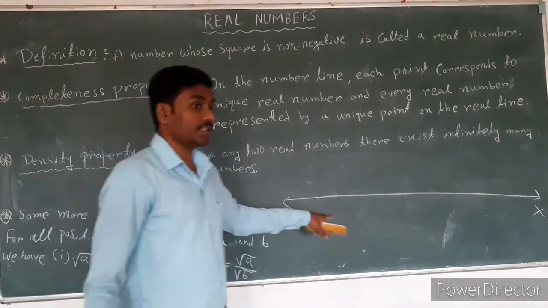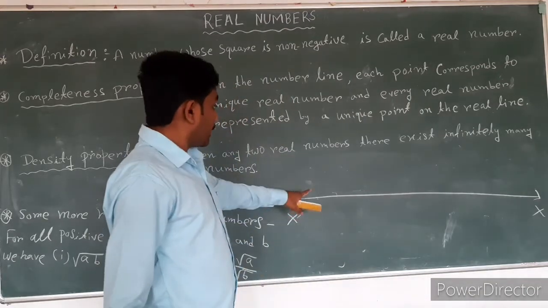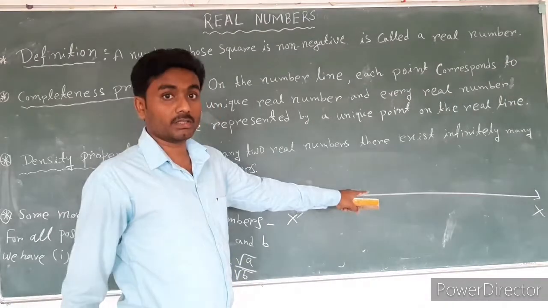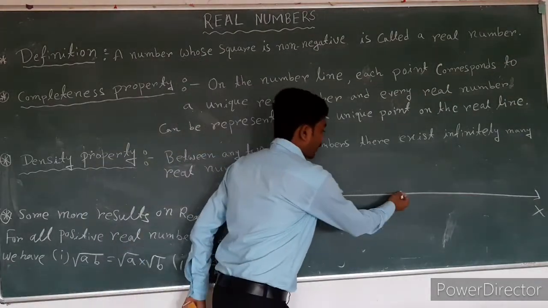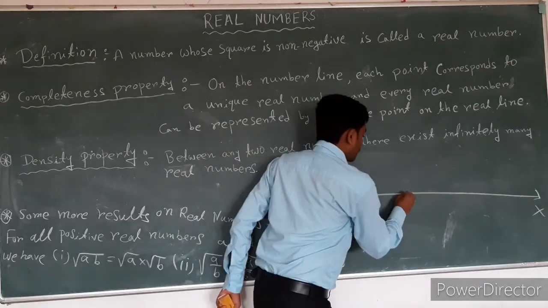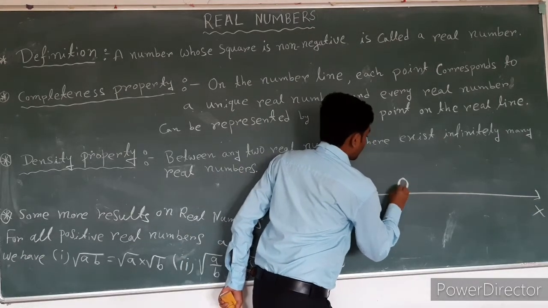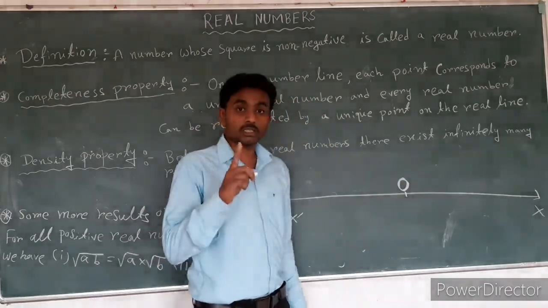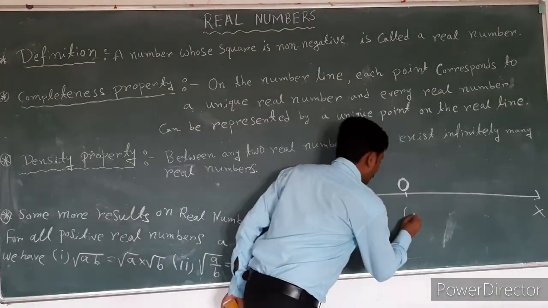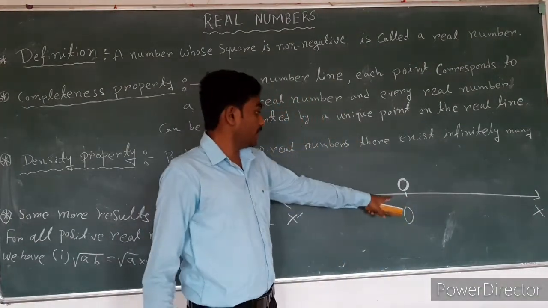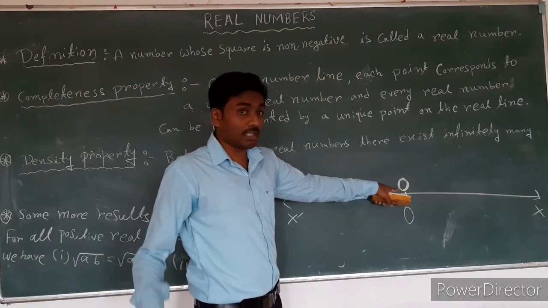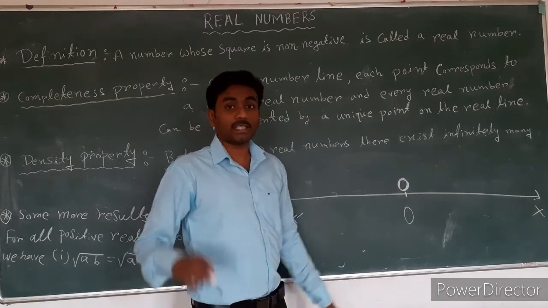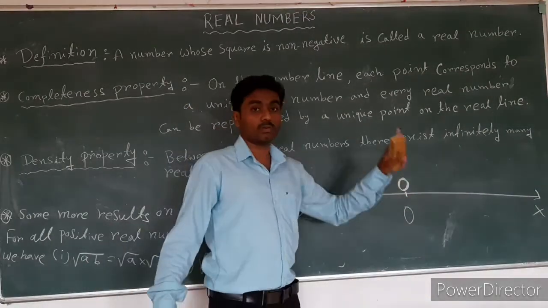X X dash is a real line. Every point on the real line corresponds to a unique real number. Suppose the middlemost point is O. It represents a unique real number, that is 0. So the middlemost point on a real line, that is O, cannot be represented by any other point excluding O.